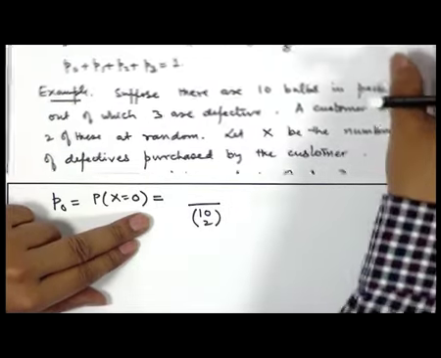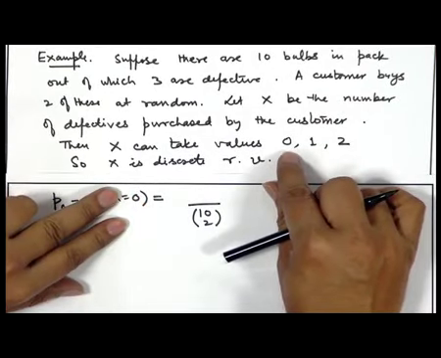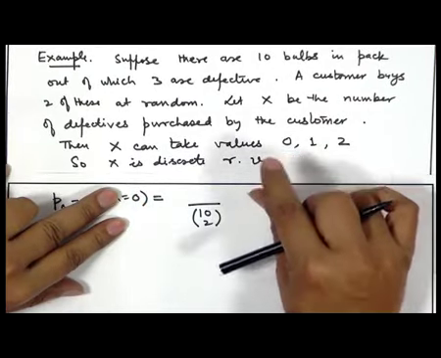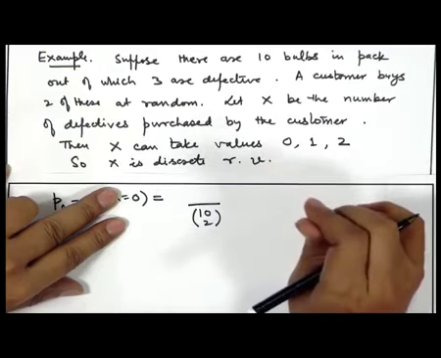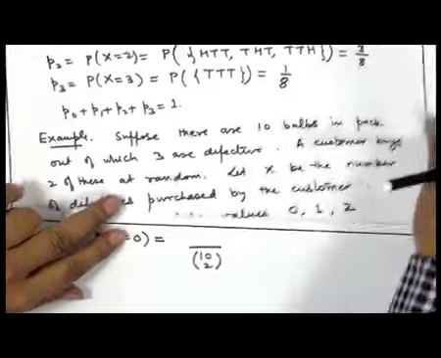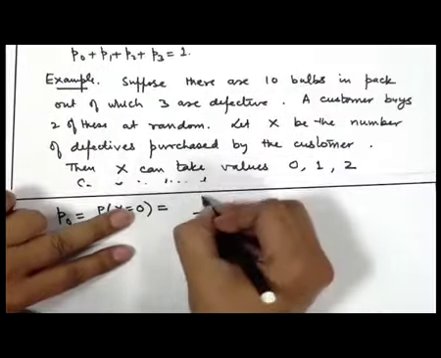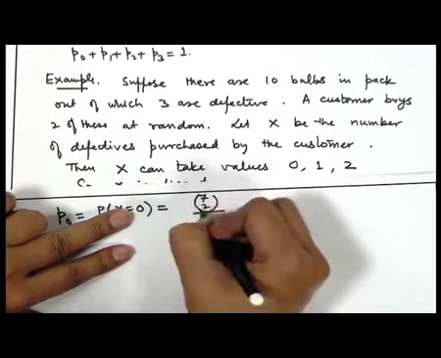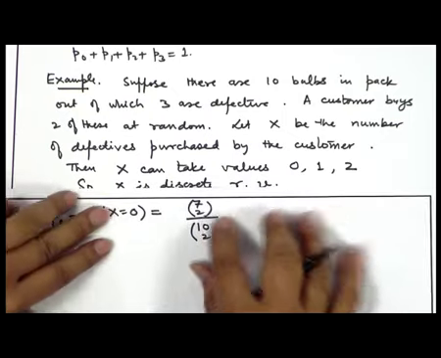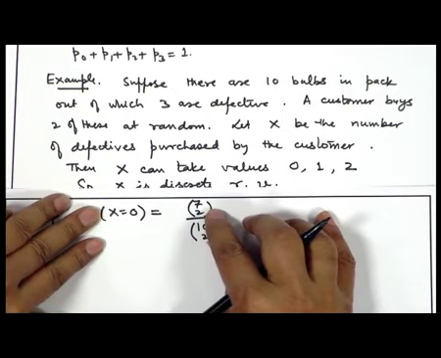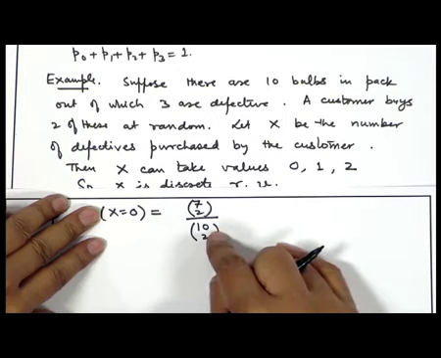Now, if I say that none of them is defective, that means the customer chose 2 and got both good ones. Out of these 10 bulbs, 7 are good, that means his selection is from those 7. So, it is 7C2 divided by 10C2, that means the favorable number of cases is 7C2 and the total number of cases is 10C2.